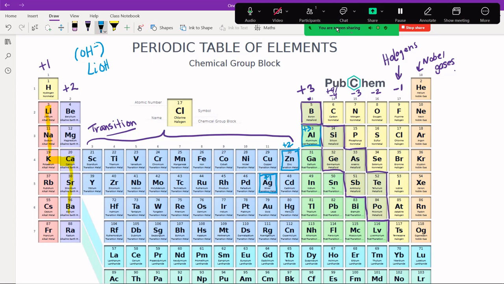Likewise, if you were to look at the periodic table and you have fluorine, chlorine, bromine, and iodine, you just remember these in a straight line.